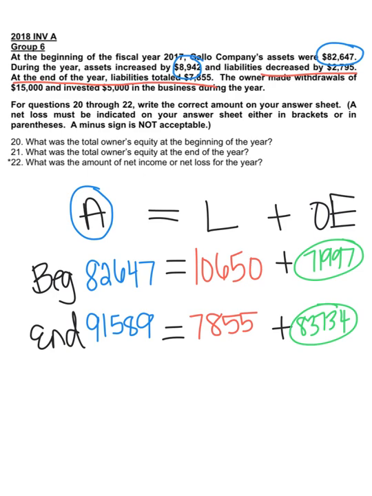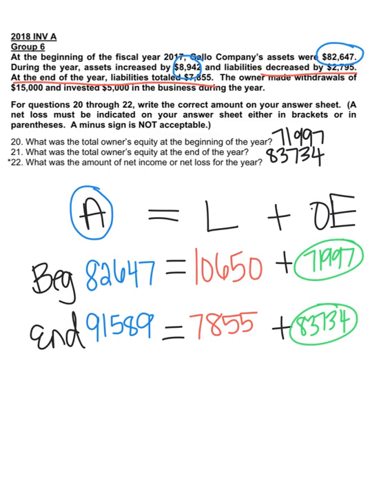The first one was, what was the total owner's equity at the beginning of the year? So we just figured out that that would have to have been 71,997. Then the second question, what was total owner's equity at the end of the year? So we know that was 83,734.